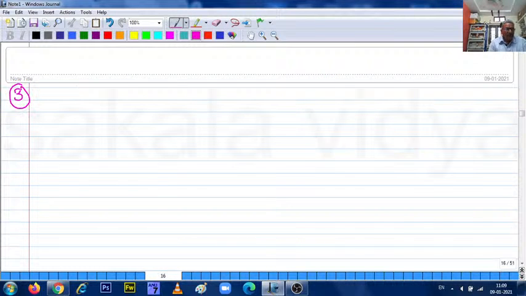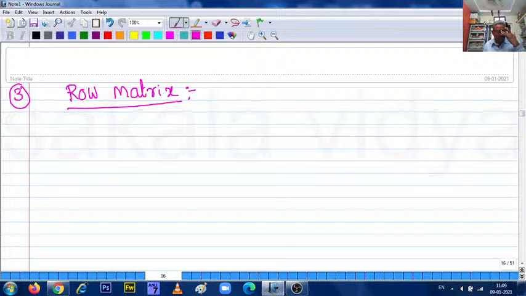Third one is the row matrix. What is meant by the row matrix? Row matrix means it's just like a row. A matrix having only one row, and the number of columns may be different, is called a row matrix. A row matrix will be in the form of 1 by n.